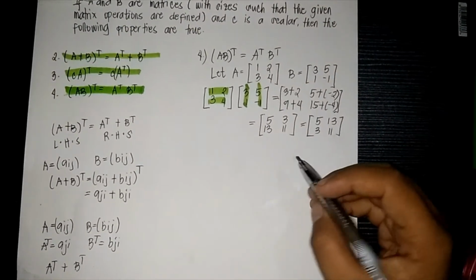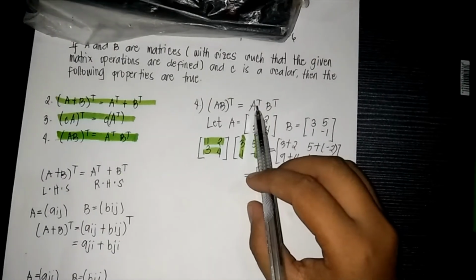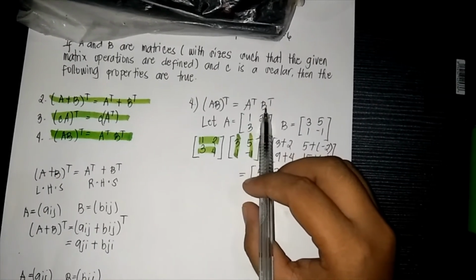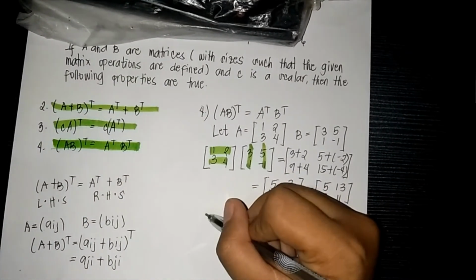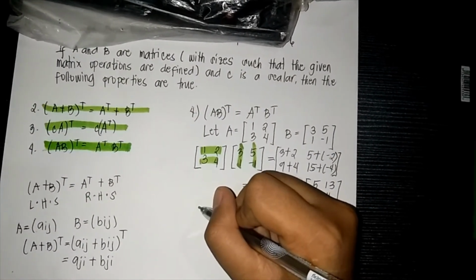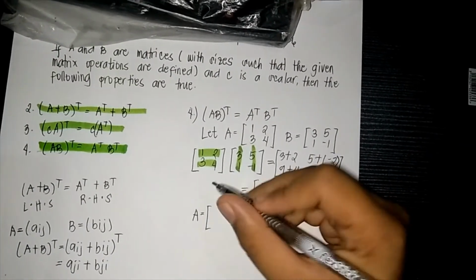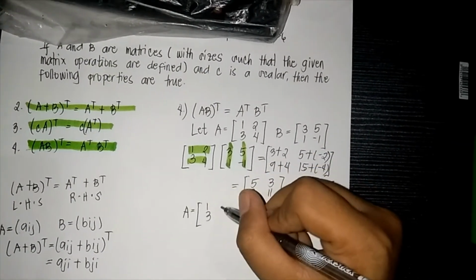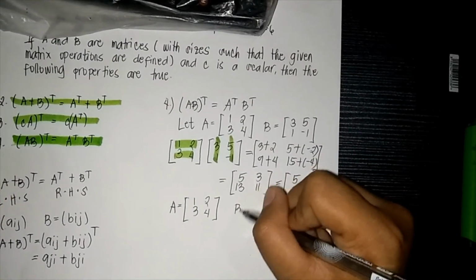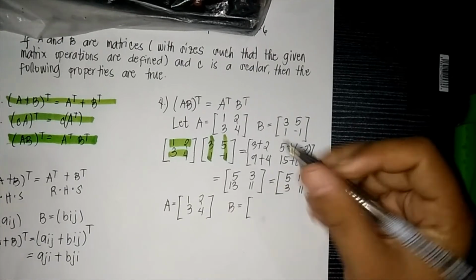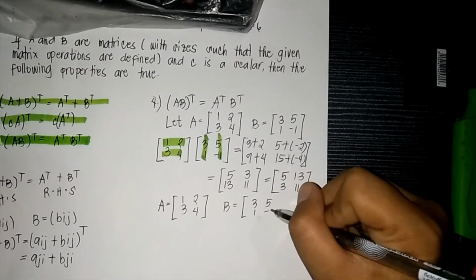The next step is to find A transpose and B transpose. First, let us write the value of the matrix A, which is 1, 3, 2, and 4. And the matrix B is 3, 1, 5, and negative 1.